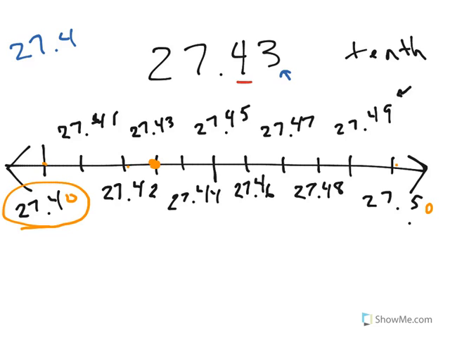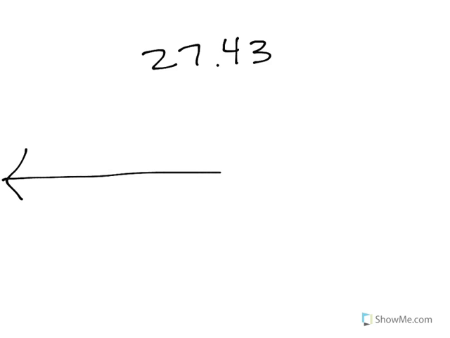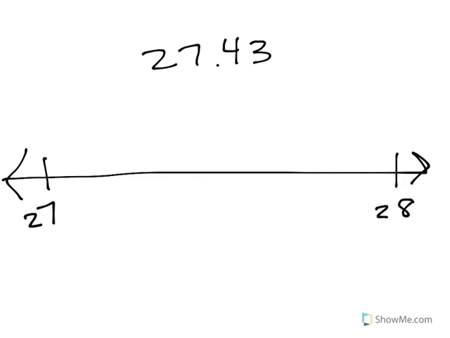And some students struggle kind of with the whole number too, which should be easier. If we were going to take that same number, 27 and 43 hundredths, and we wanted to round it to the nearest whole number, it's either going to be 27 or it's going to bump up to 28.